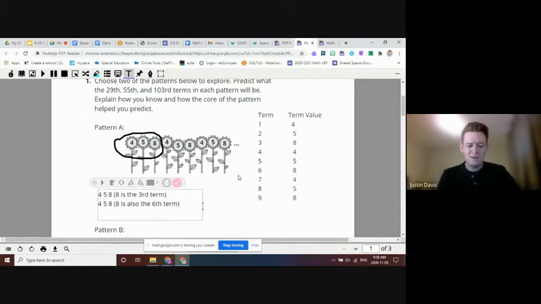So then that means if I keep counting by 3s, 8 would be the 9th term, 8 would be the 12th term, the 15th term, the 18th term, 8 would be the 21st term, 24th, 27th.